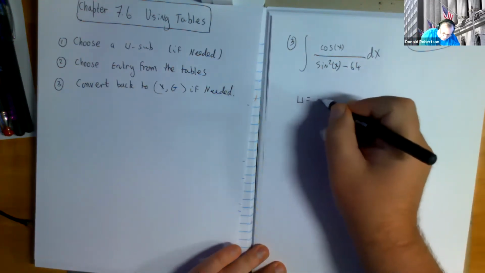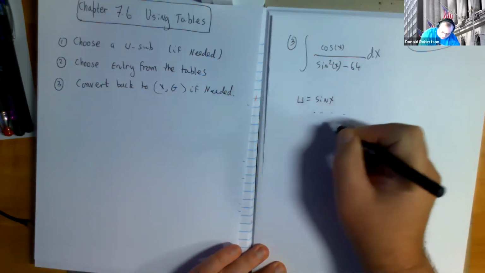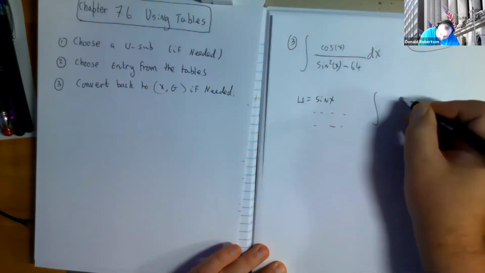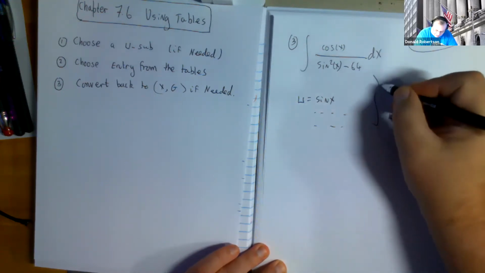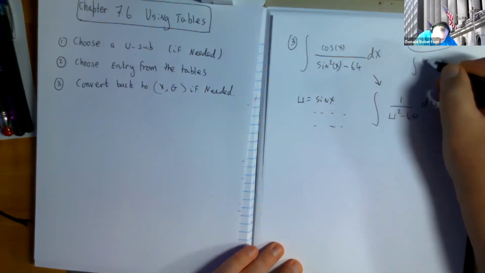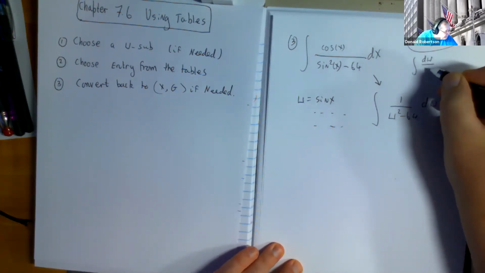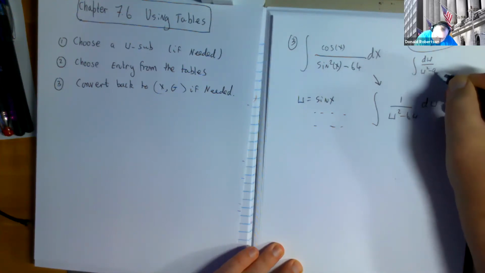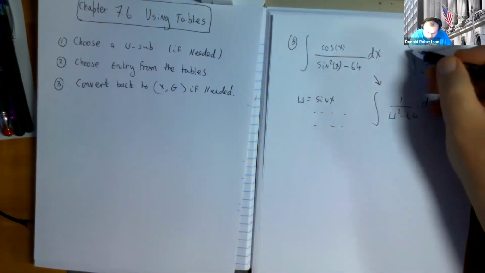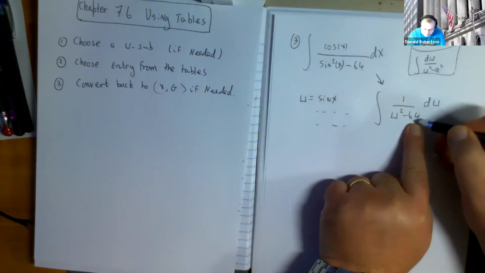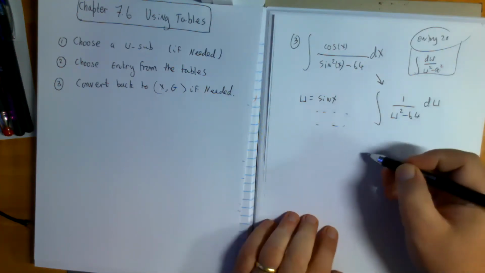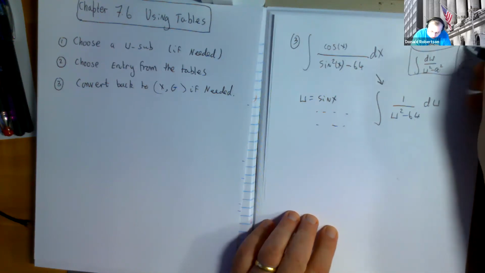Now the U sub that you would use would be sine x, and you're just going to trust me, you go through the whole thing, and it ends up being that guy. You just say 5 minutes later, you get that. Now that guy is entry 20. Entry 20 looks like this. And entry 20 then says, if you want the answer, you need to know the A is what number? 8. Right? So A is 8 using entry 20.